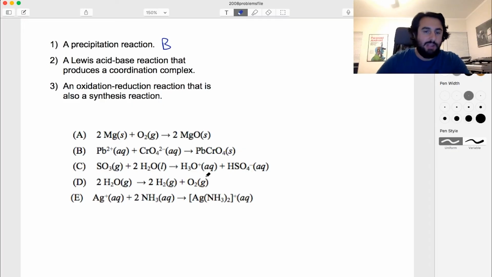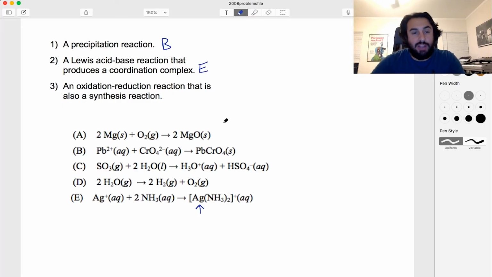Here, C and D, there's not even any metals at all, so that doesn't work. A and B, there's a magnesium atom and a lead atom, but there's no ligands, right? This is magnesium oxide. That's an ionic compound. It turns out the only one here is we've got silver, and the silver has these 2 ammonia ligands. So this is our coordination complex. So 2 is going to be E.